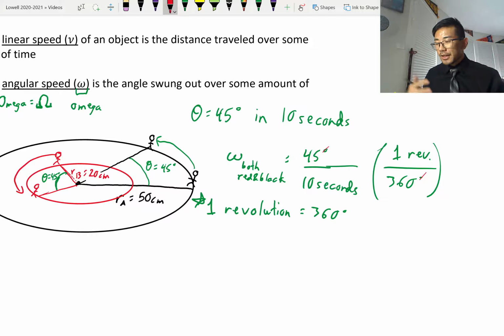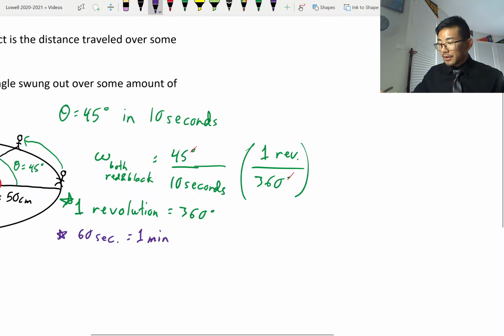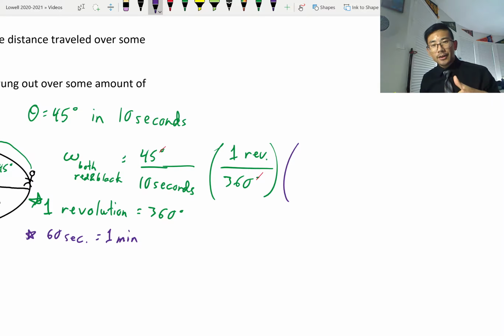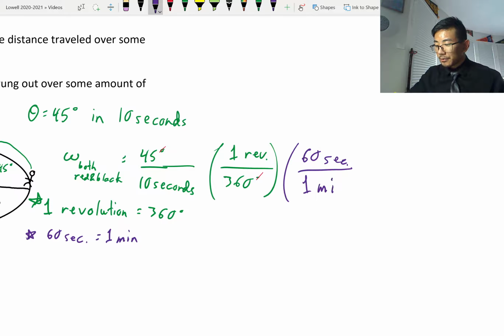Last part, we need to get from seconds to per minute if I want to report it in RPMs. There's 60 seconds in a minute, so 60 seconds equals 1 minute. I have seconds in the denominator here, so if I want to get rid of the seconds, I need seconds on top. So that'll be 60 seconds per 1 minute.